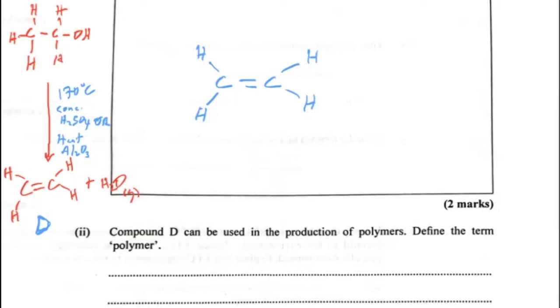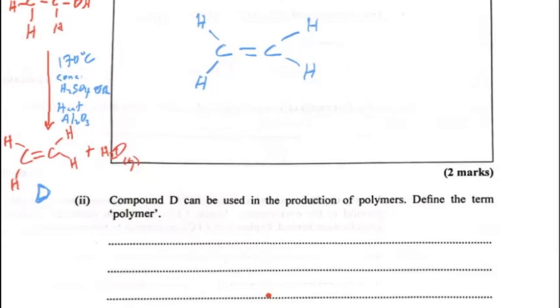But the ester, as we showed earlier, does not undergo polymerization. It's not used in the production of polymers. Now we can use esters to do other things, especially the ester drawn earlier, ethyl propanoate. But in this case, this is what we should have.